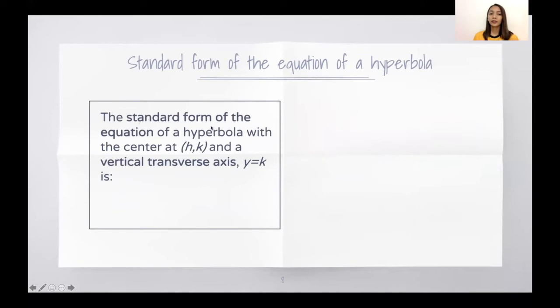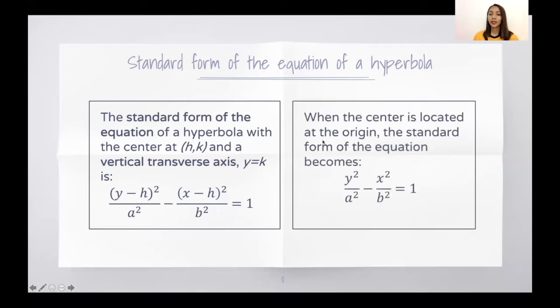Okay? So the standard form of the equation of a hyperbola with the center at (h, k) and a vertical transverse axis, x equals h, is the quantity (y minus k) squared all over a squared minus the quantity (x minus h) squared all over b squared is equal to 1.